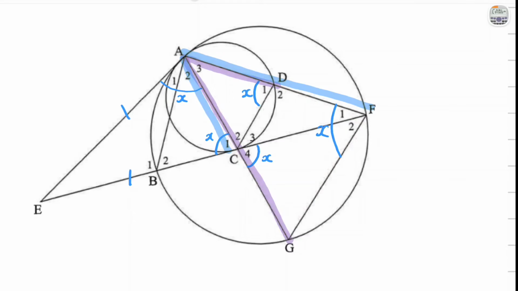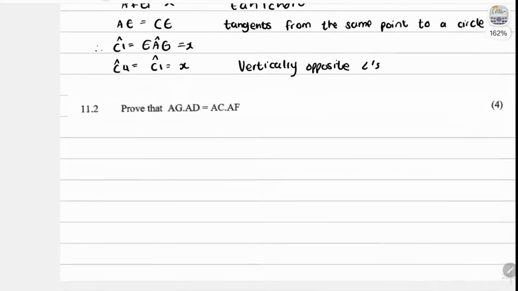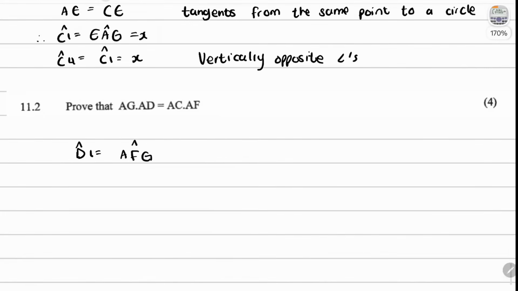Okay, so we can't just start using it. We have to show them that these two lines are parallel. So as you can see, because these two are equal, it makes that parallel. So we can conclude, first of all, these two angles are equal, therefore those two lines are parallel. So angle D1 is equal to angle AFG. Let's tell them that first. Angle D1 is equal to angle AFG, and we can see that because they're both equal to x.